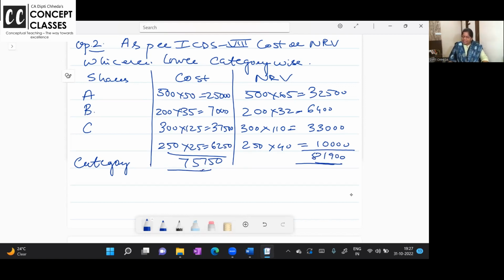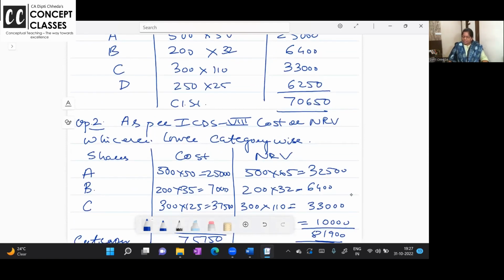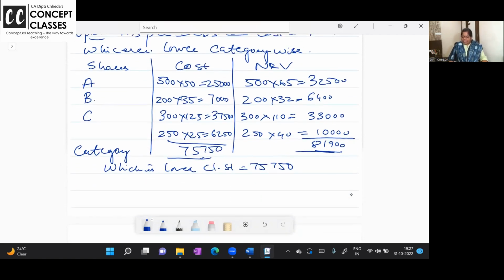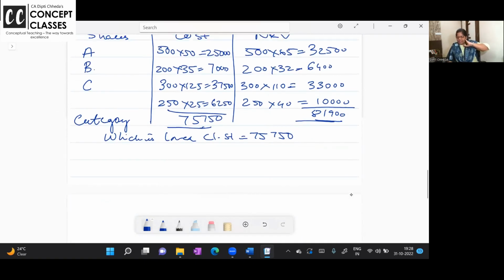For the whole category, what is the NRV? 81,900. Whichever is lower, so what will be your closing stock? 75,750. Here it was 70,650. As per AS, it will always be lower. ICDS is saying पूरे category का cost, पूरे category का NRV. Now whichever is lower, take it. So obviously you are taking more here, whereas here it is only 70.